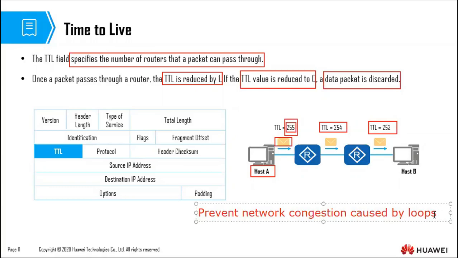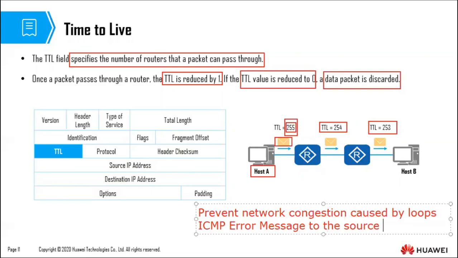Now, the other thing you need to know is that that particular router that is going to discard the packet is also going to send an ICMP error message to the source.